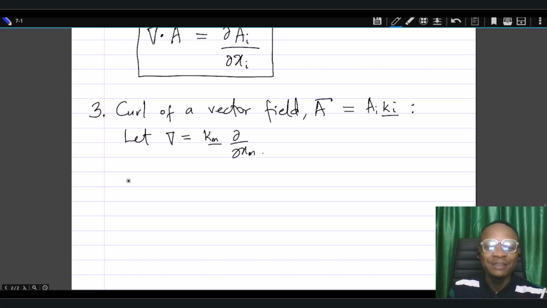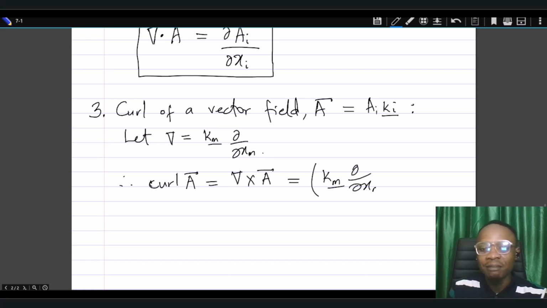So by this, we can now carry out the operation again and say that therefore the curl or spin or rotor, if you like, of vector A will be equal to nabla cross vector A as we've defined it, and that will be nabla, which is Km del xm.